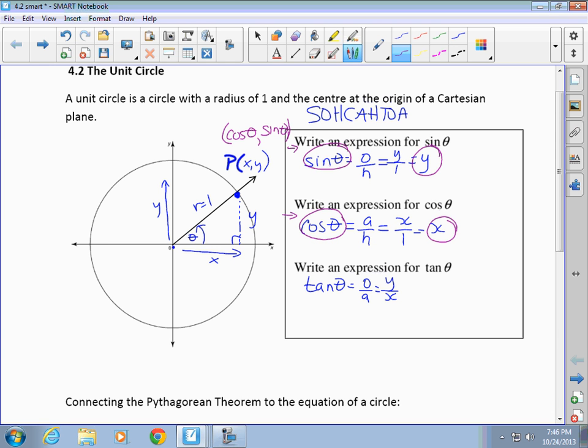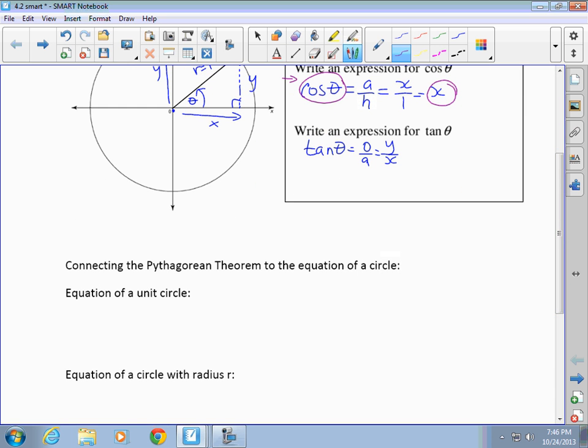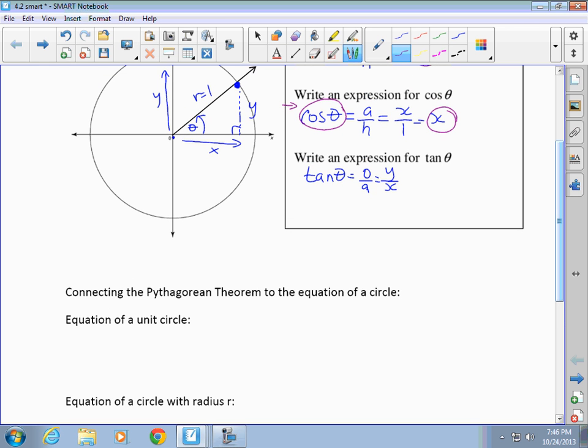So now we're going to look at how the Pythagorean theorem connects to the equation of the unit circle. The equation of any circle is x squared plus y squared is equal to r squared.